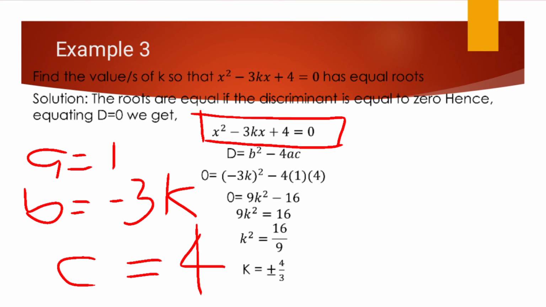So again, substituting the values of A, B, and C to the discriminant, which is equal to 0, we have B is negative 3k squared minus 4 times 1 times 4. So, negative 3k squared is equal to 9k squared. Minus 4 times 1 times 4 is 16. So, we have 9k squared minus 16.